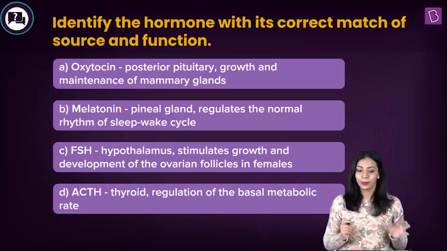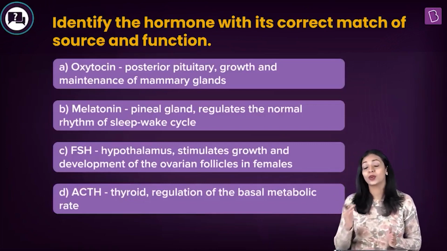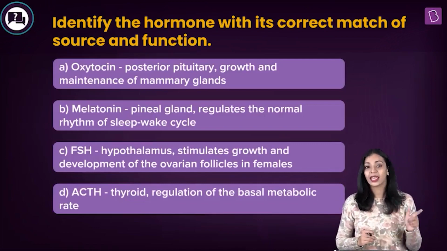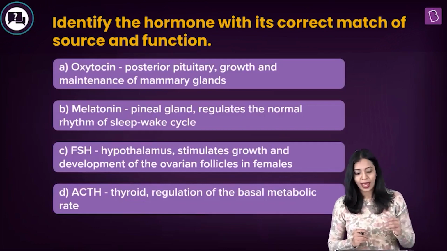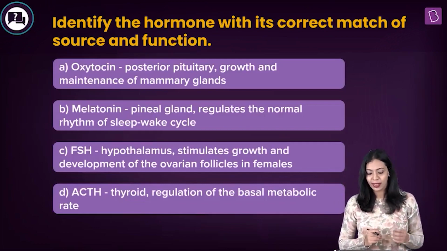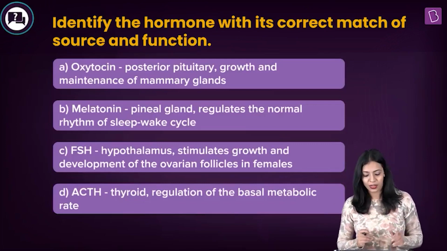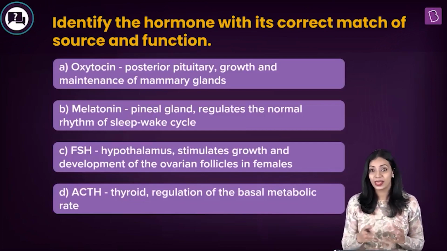Source given here is hypothalamus and the function is stimulates growth and development of ovarian follicles in females. And option D, ACTH, which stands for adrenocorticotropic hormone, and the source that is given here is thyroid and function is regulation of basal metabolic rate. Okay, so these are the different options given and we have to find out which one is correctly matched.